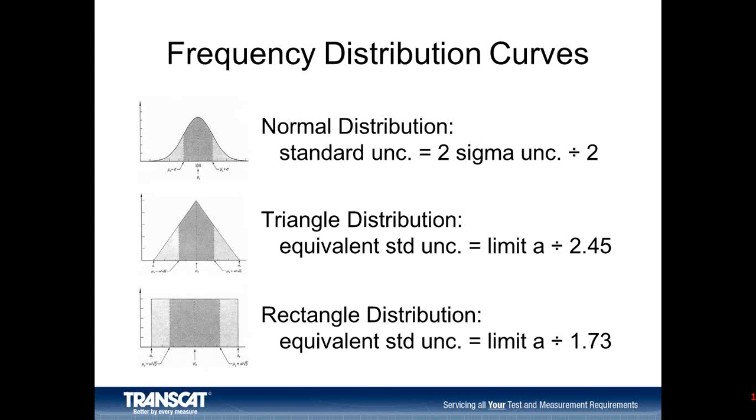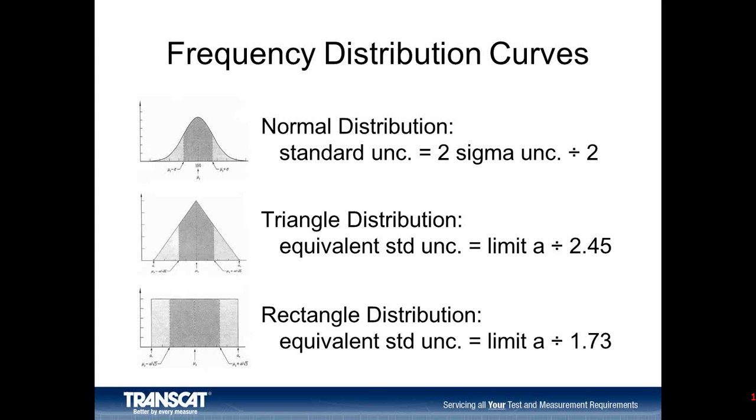And then for the rectangular distribution, this limit designated A in the diagram, this limit A is divided by the square root of 3, which is approximately 1.7, to find the equivalent standard uncertainty. So there's a kind of a quick overview there showing what the difference is.